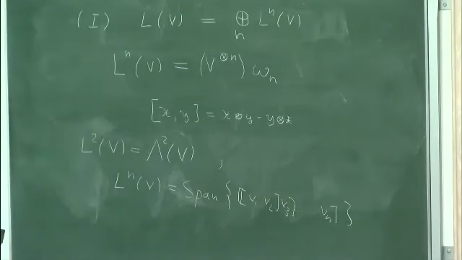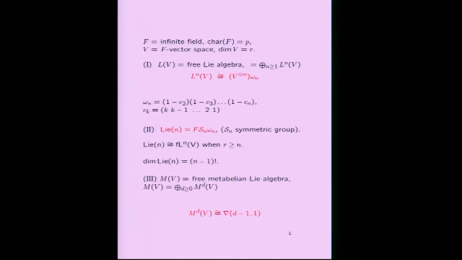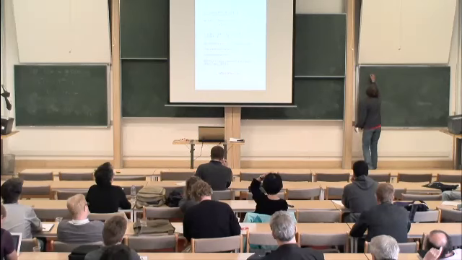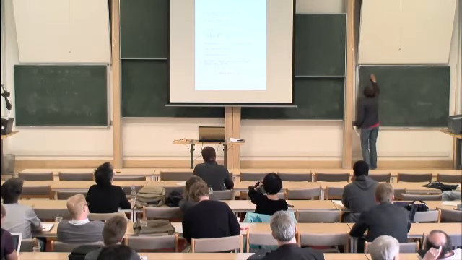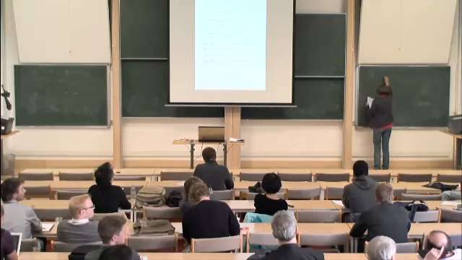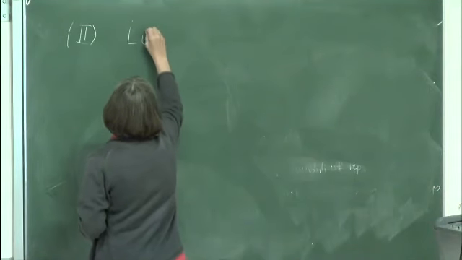So then you have another module which you can get by applying the Schur functor to this Lie power, and that's a module of the symmetric group. This is slightly more friendly because you have a nice basis.